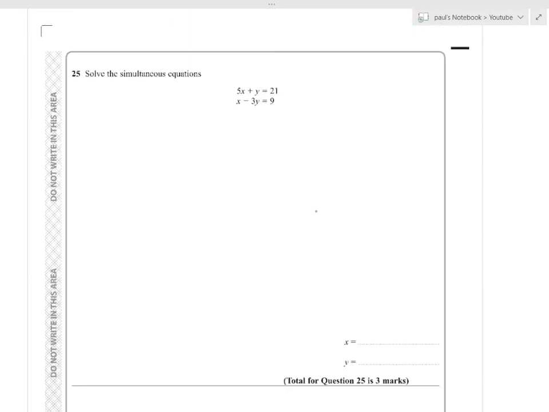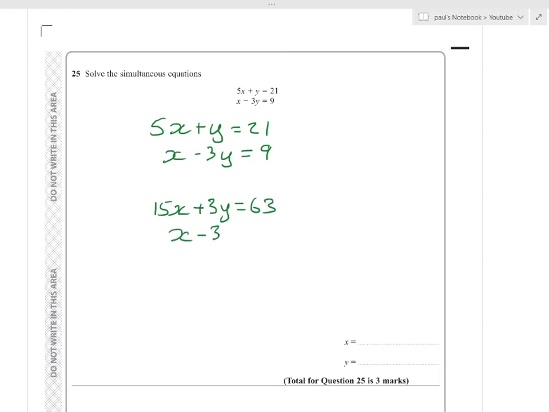Solve the simultaneous equation. So let's do 5x plus y equals 21. x minus 3y equals 9. Ooh, let's multiply all this lot at the top by 3. And then I can add together. So 15x plus 3y equals 63. And x minus 3y equals 9.